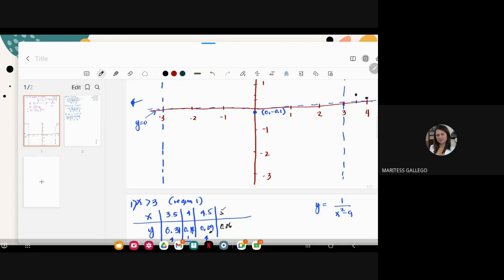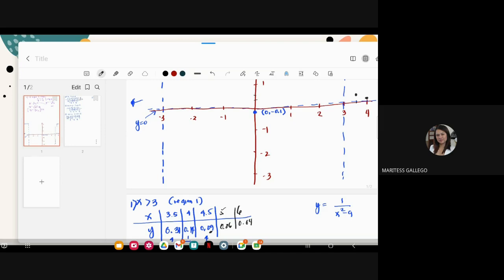Let's say, paano pag 6? Kaya siya asymptote. It will just approach. Ayan. Pag 6 naman siya, 0.04. Ayan. So kahit na if you now assign a very large value of x, it will just give you 0.000, 0.005, ganun. Pero hindi siya 0. Why? Because your x-axis is an asymptote. It will just approach our x-axis.